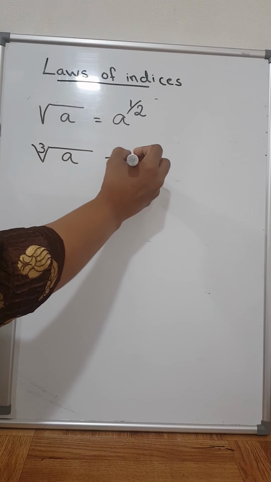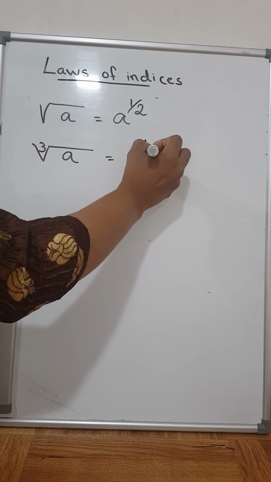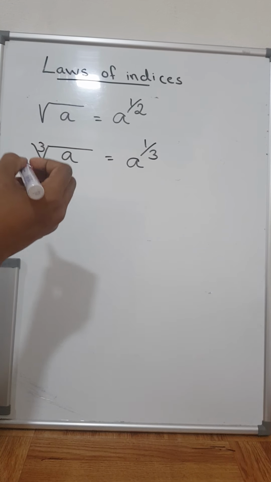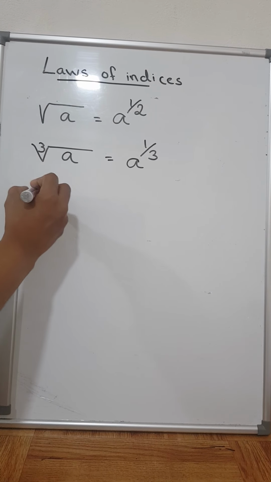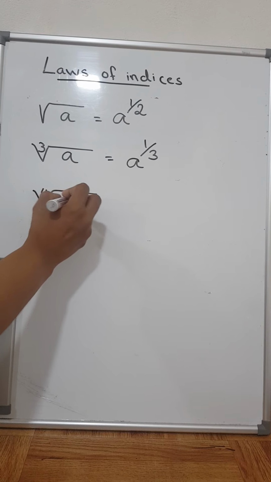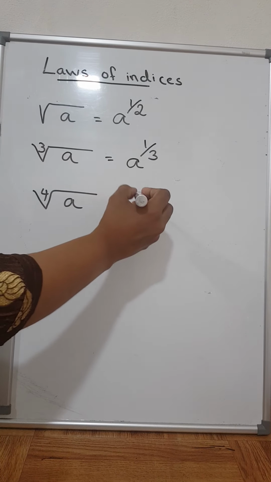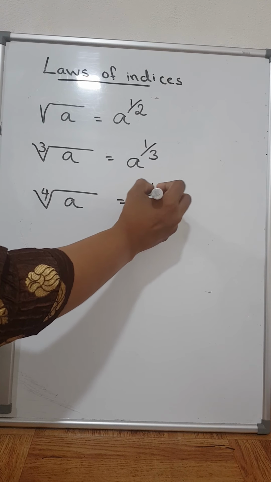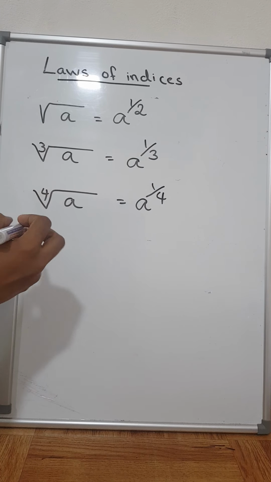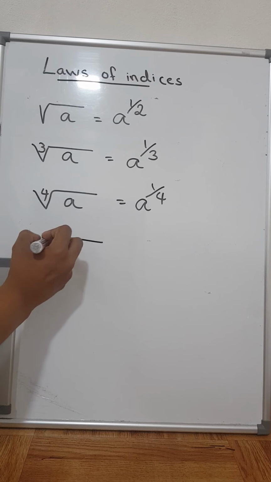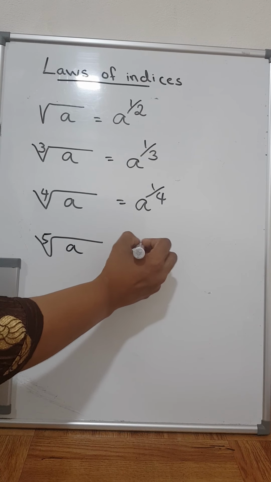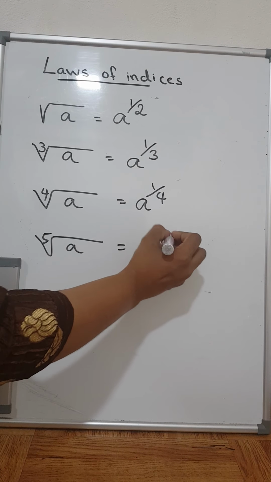Cube root of a can be represented as a to the power 1 by 3. Now fourth root of a. How will we represent it as a power? We can represent it as a to the power 1 by 4. Fifth root of a we can represent as a to the power 1 by 5.